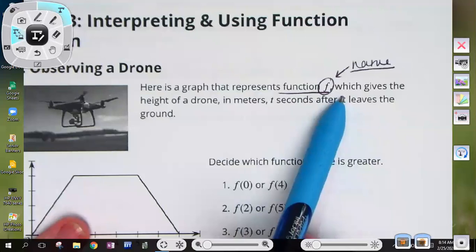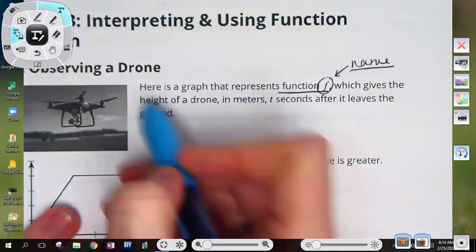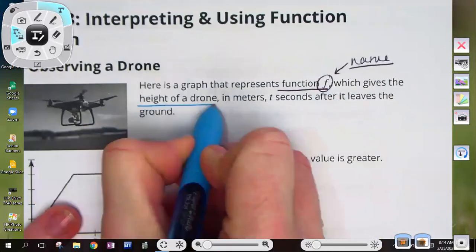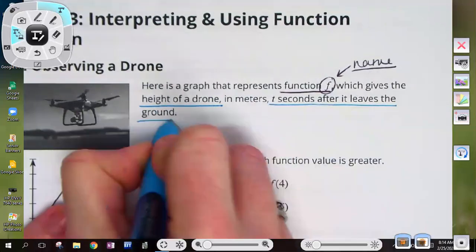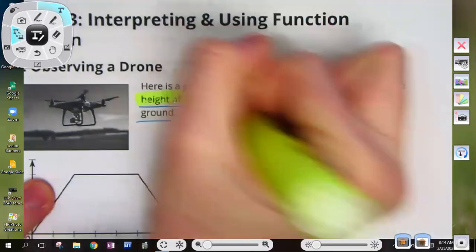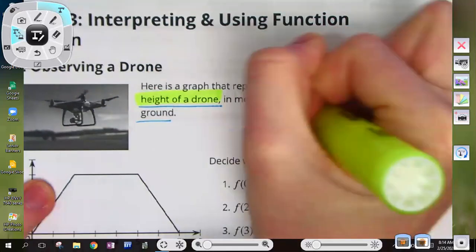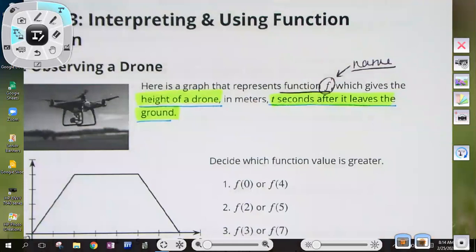Function f gives the height of the drone in meters, t seconds after it leaves the ground. So our two variables that we're working with are height and seconds after it leaves the ground. Between those two, height and time, which one of those will be our input?